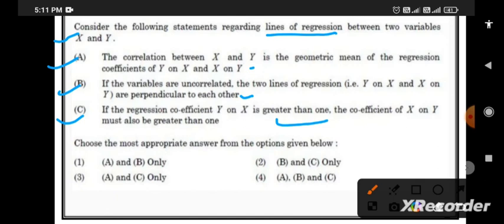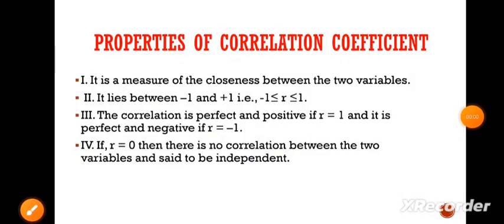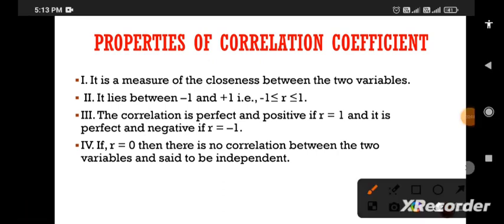So, for solving this question, let's see the properties of correlation coefficient and regression coefficient. First property of correlation coefficient is that it is a measure of closeness between the two variables. Second property states that it lies between -1 to +1 and is denoted by the symbol r.